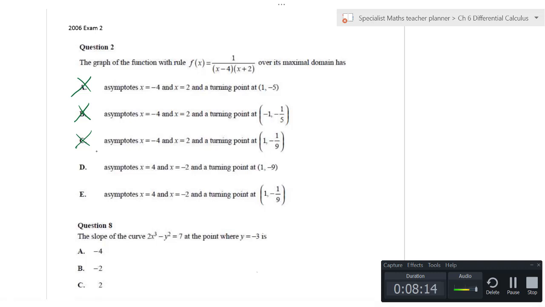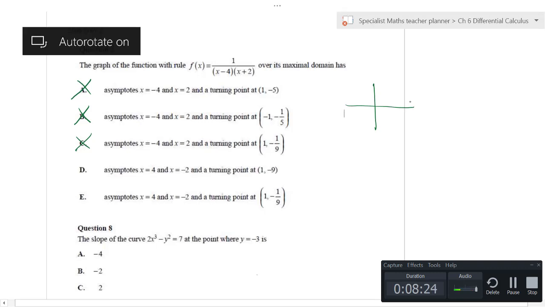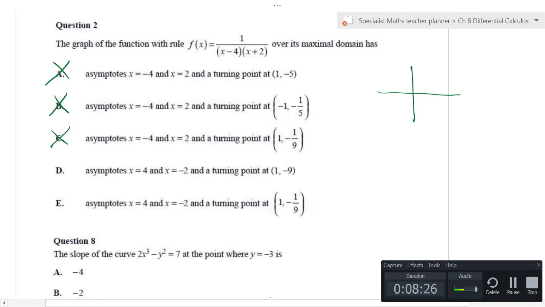What would be the minimum? When I draw this quadratic, I've got x squared. What do we have? We've got x squared. The minimum is going to be halfway between the 2 points, -2 and +4, isn't it?